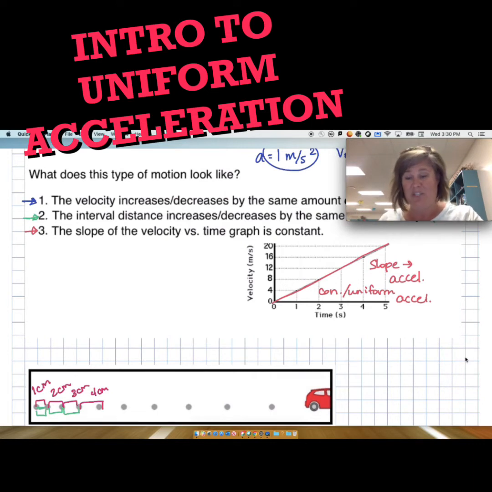It is not changing. Next we're going to look at the 4 kinematic equations that we use when something is accelerating at a uniform rate, and I'm going to show you how we derive those equations and where they come from.